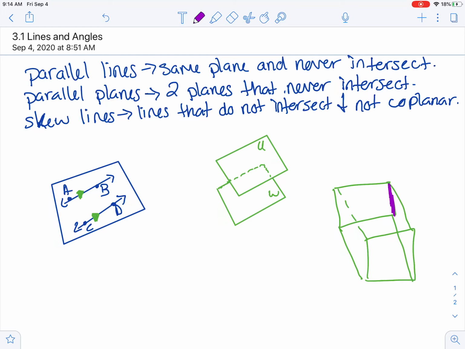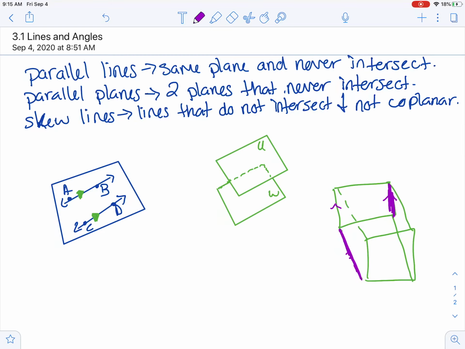So if we look at this guy right here that I'm making purple, and then we look at this guy over here that's also purple, they're not moving the same way, okay? These two lines would be parallel. These two lines are not parallel. However, this one's part of the top of the box. It's in a different plane. This one's on the side of the box, so it's in a different plane, but they're never going to intersect because they can't curve. Those are skew lines.